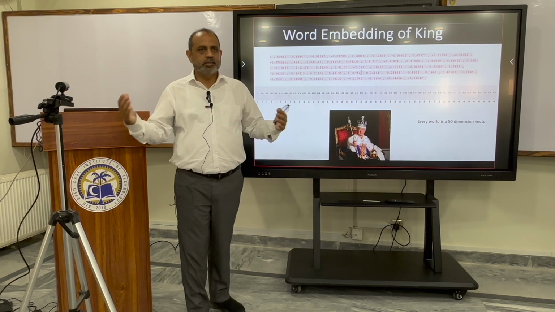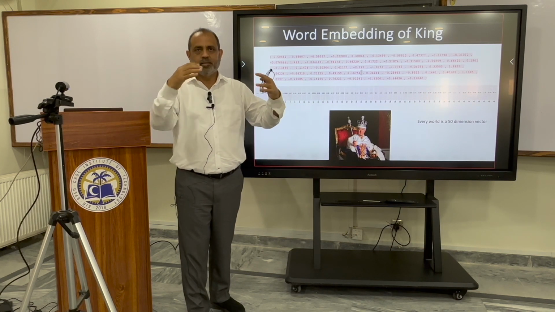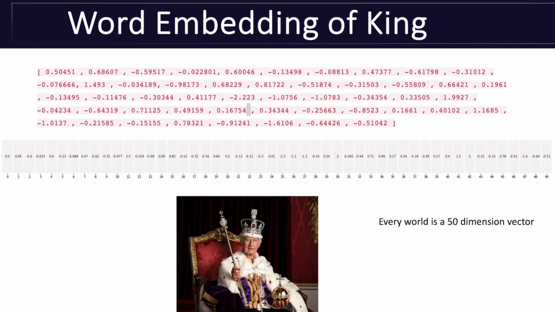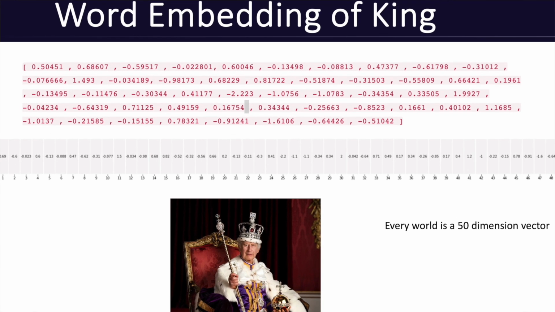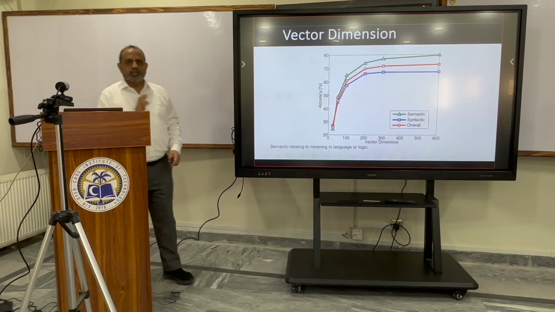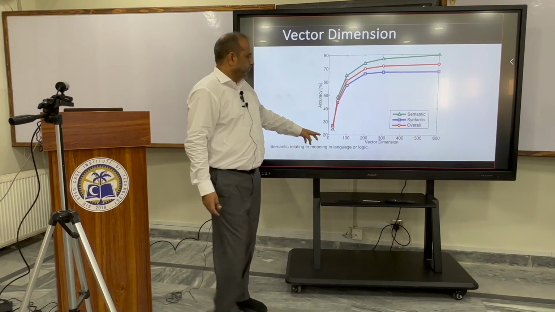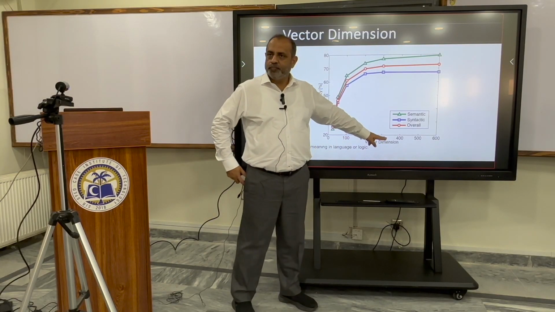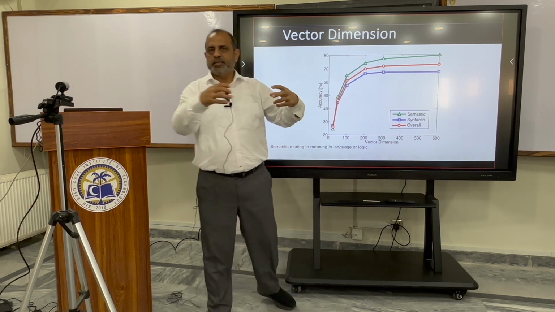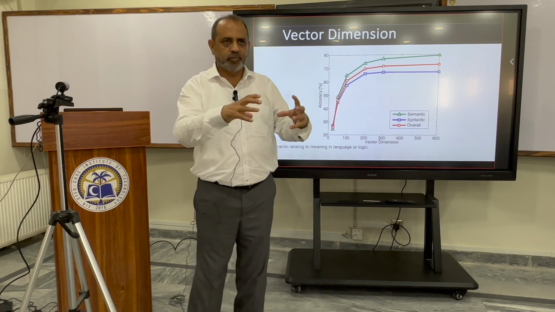More accuracy means the words which are really closer get closer to each other. So the king is these numbers, and here is the relationship between the vector dimension and the accuracy you get, okay. How accurately you could place it with its relatives, okay.